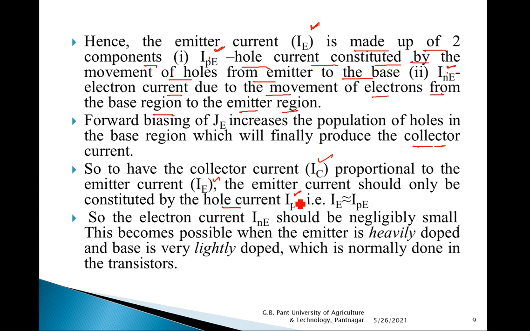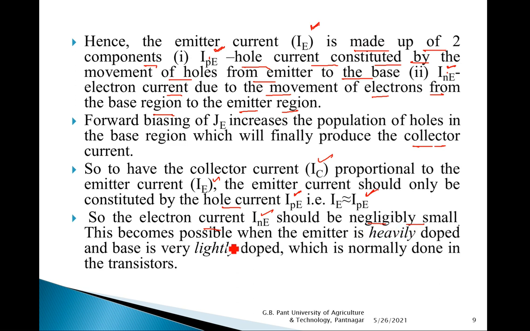In order to make the collector current proportional to the emitter current IE, the emitter current should only be composed of the hole currents, or the current due to the electrons should be negligible in this case. So the electron current, which is INE, should be negligibly small.